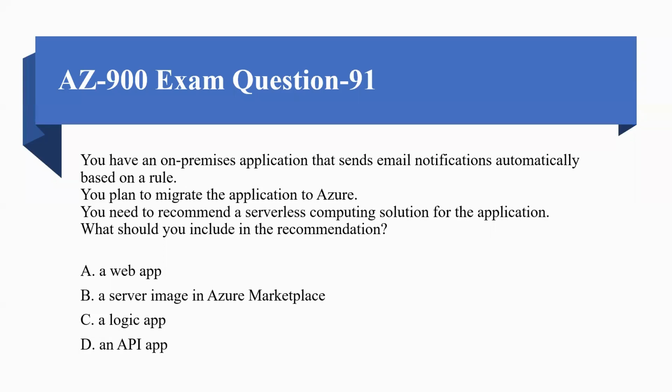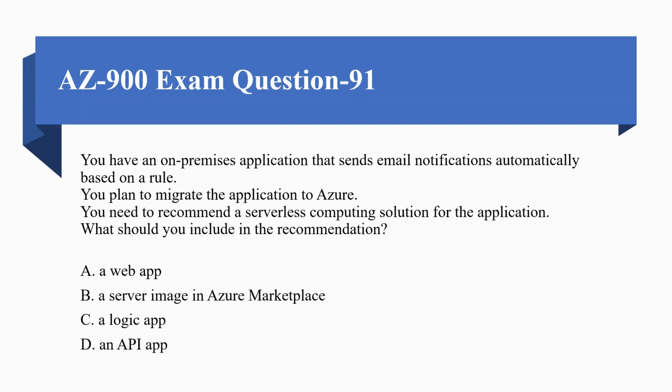Coming to question number 91. You have an on-premises application that sends email notifications automatically based on a rule. You plan to migrate the application to Azure. You need to recommend a serverless computing solution for the application. What should you include in the recommendation? A. Web app.